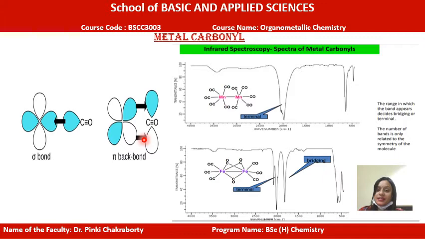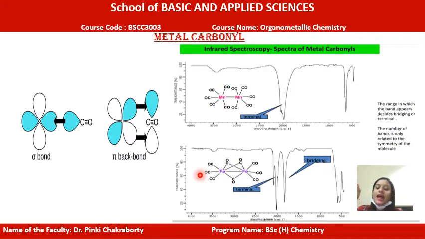In this, the metals which have filled d orbitals or d electrons, that is the transition metals, cause back donation of electrons to the pi star antibonding vacant orbital of the carbonyl. In upcoming slides, we will study the molecular orbital diagram of the carbonyl ligand, in which we will see the presence of that vacant pi star antibonding orbital.